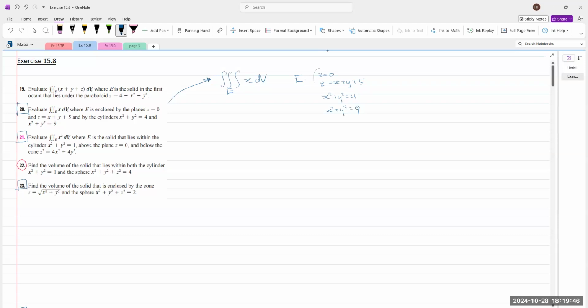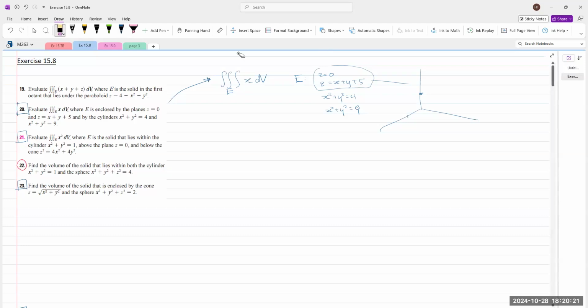So let me imagine this first. On the ground, when z equals 0, that's hard. Let's say z equals x plus y plus 5.